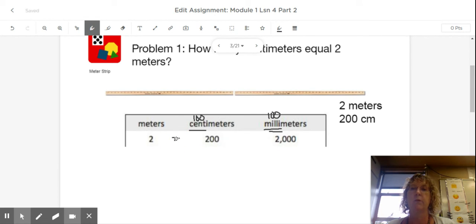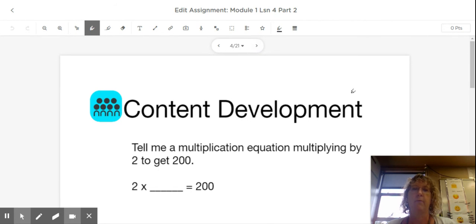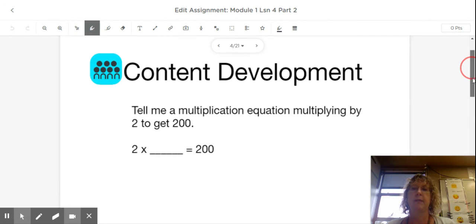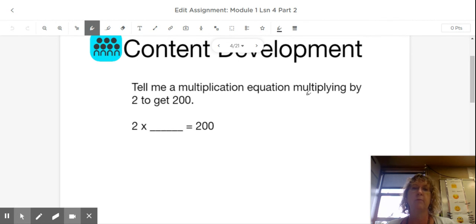It equals 200 centimeters. Tell me a multiplication equation multiplying by 2 to get to 200, right? 2 times 100 equals 200, right? 100, 200. Got it? Good.